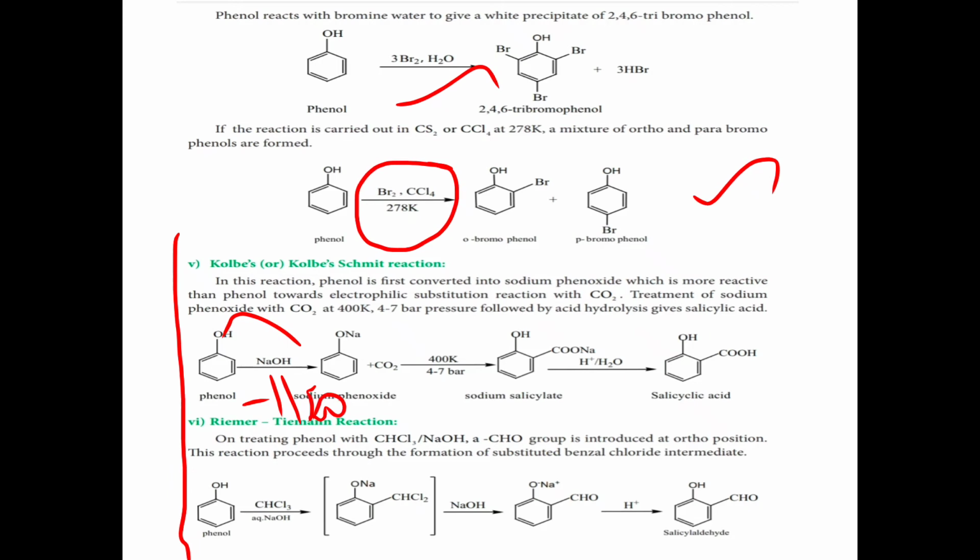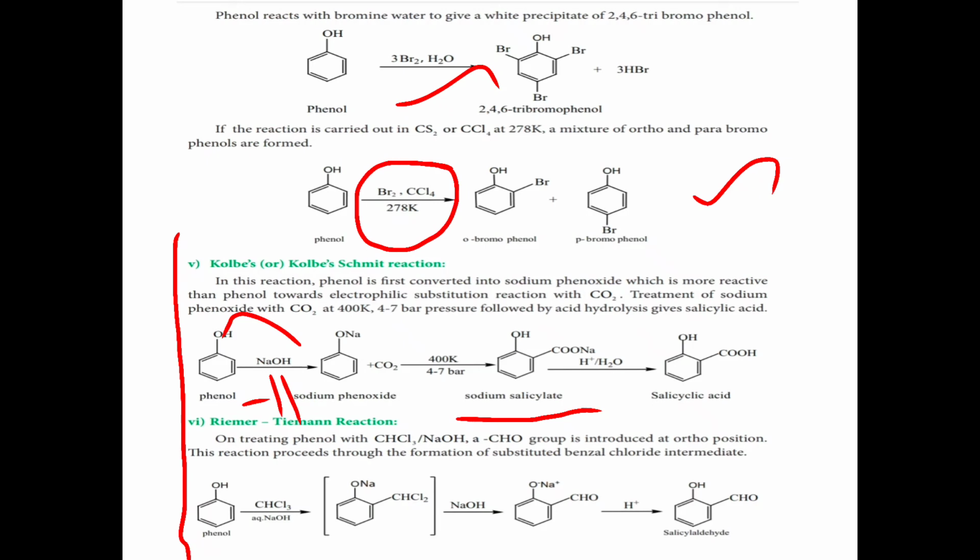Okay, my dear children. Sodium phenoxide, addition of carbon dioxide. In the second step, what do you have to add? Carbon dioxide at 400 K, 4 to 7 atmospheric pressure, followed by the acid. COO, Na is shifted here, to the ortho position. So sodium salicylate is formed.